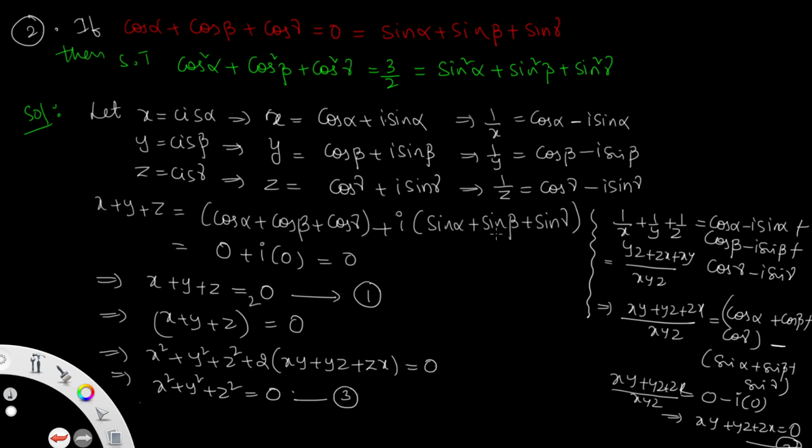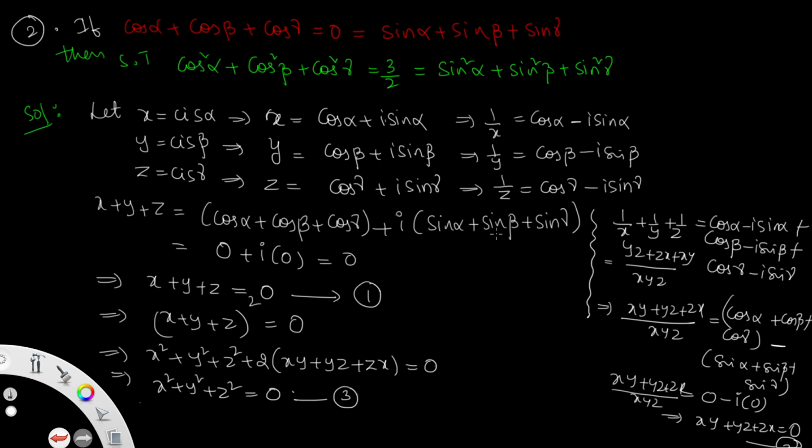In the similar way, 1 by x plus 1 by y plus 1 by z equals cos alpha minus i sin alpha plus cos beta minus i sin beta plus cos gamma minus i sin gamma. On the left side, take the common LCM xyz, then you get (yz plus zx plus xy) by xyz equal to this.